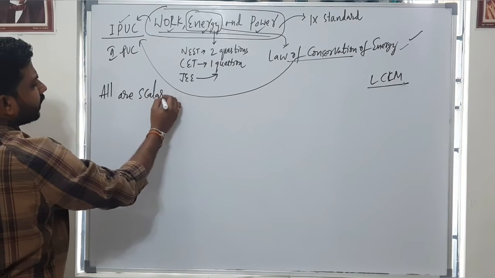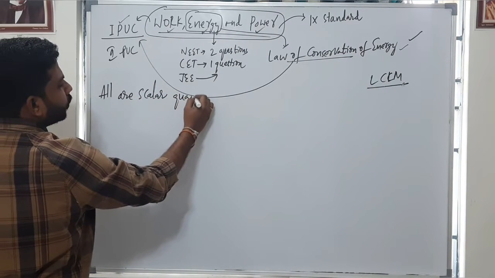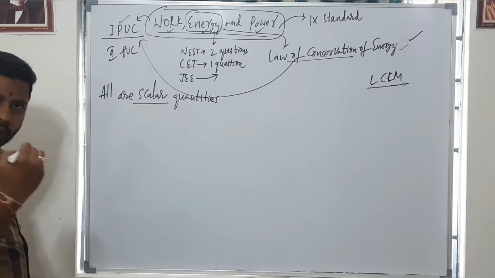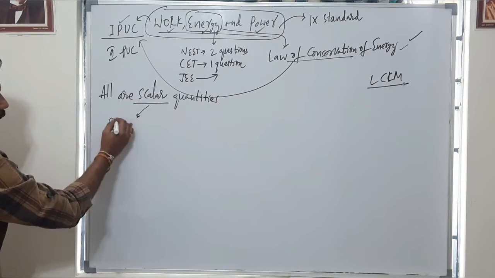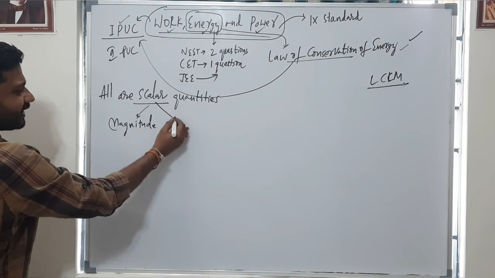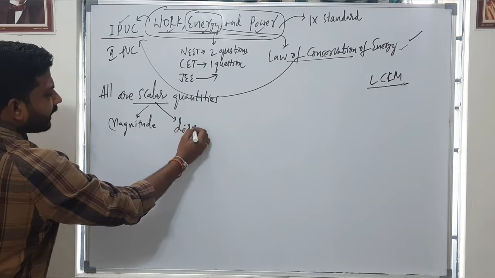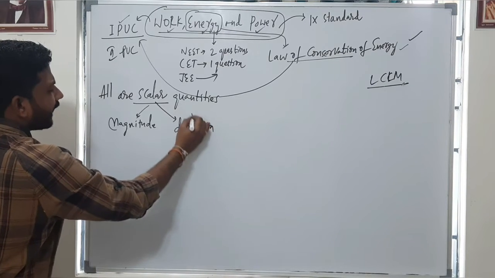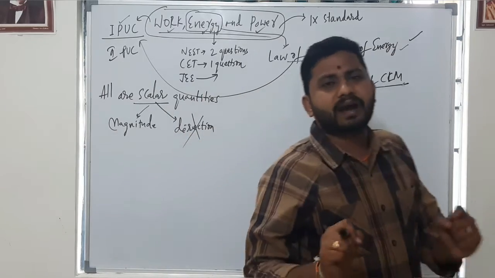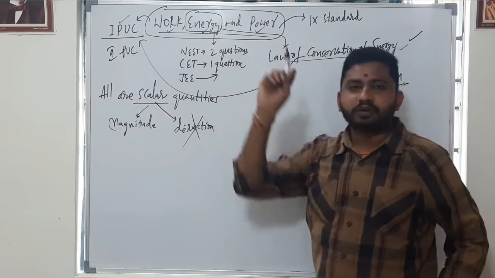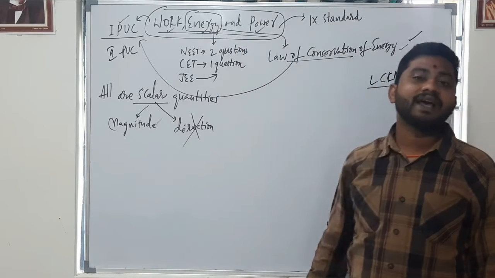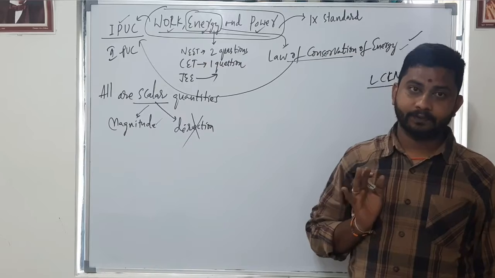What is meant by a scalar quantity? The quantity which has only magnitude, right? Is there any direction for a scalar quantity? There is no direction. Only magnitude. So work has only magnitude, energy and power, only magnitude. That's a scalar quantity, right?